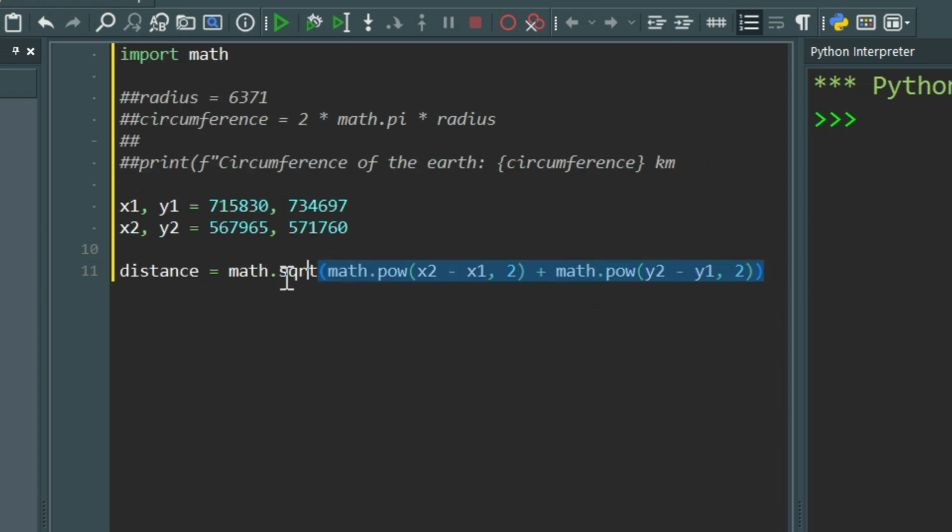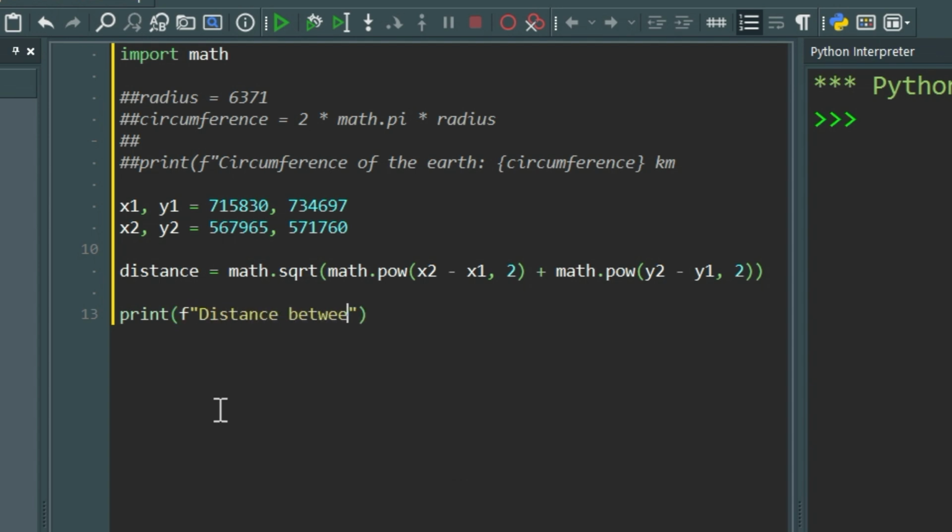So this here is our formula for calculating the distance on a Cartesian plane. The formula is the square root of x2 minus x1 squared plus y2 minus y1 squared. We'll add a print function. We'll use string formatting.